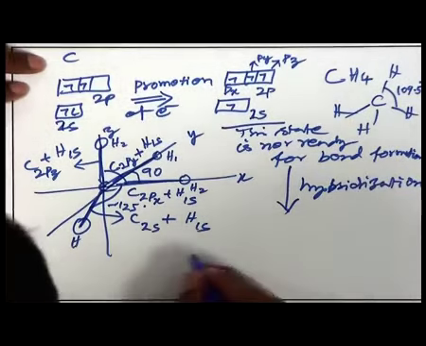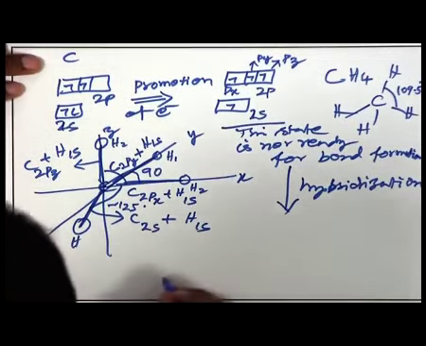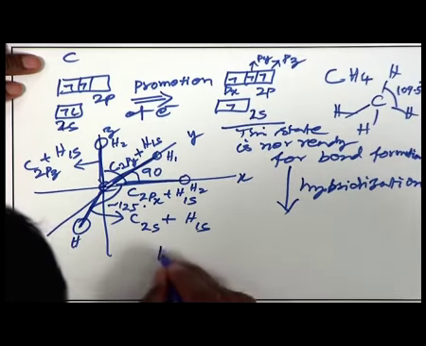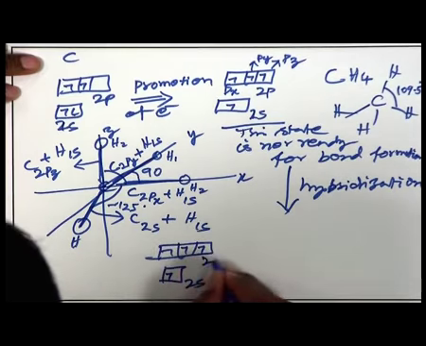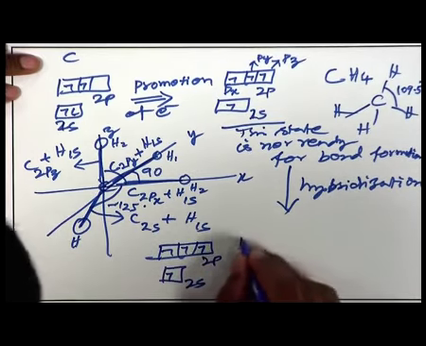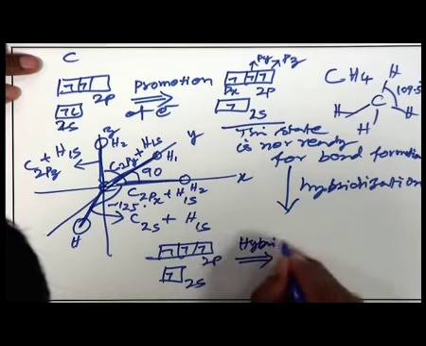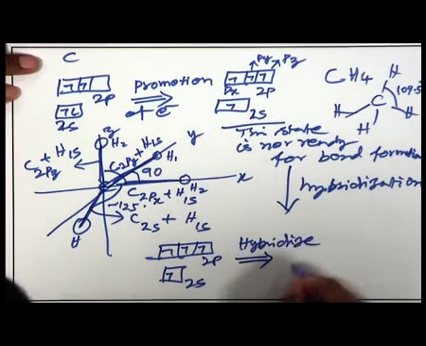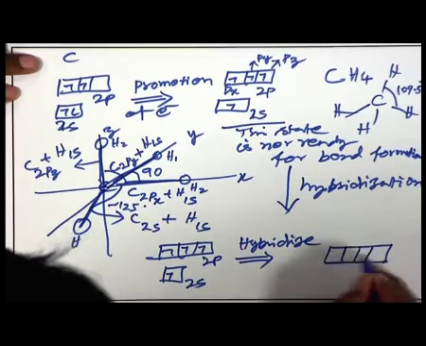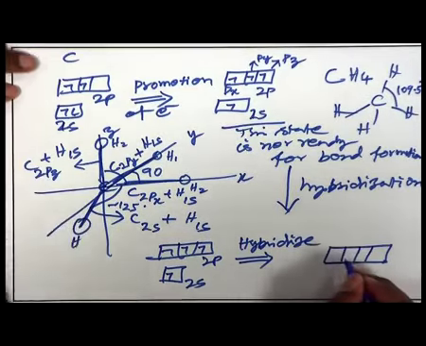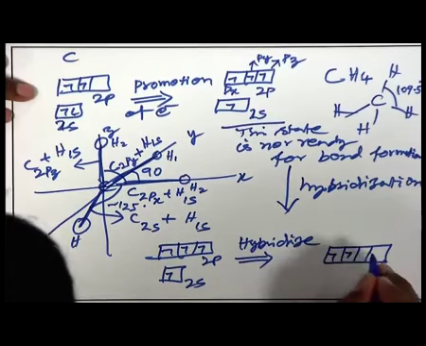So, you have a 2s orbital with 1 electron, and then 2p orbitals, each containing 1 electron. Then it undergoes hybridization, giving 4 equivalent hybridized orbitals containing 1 electron each.